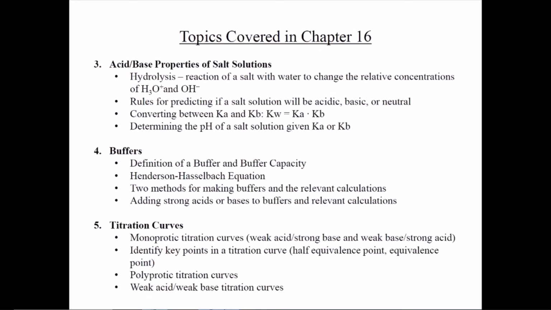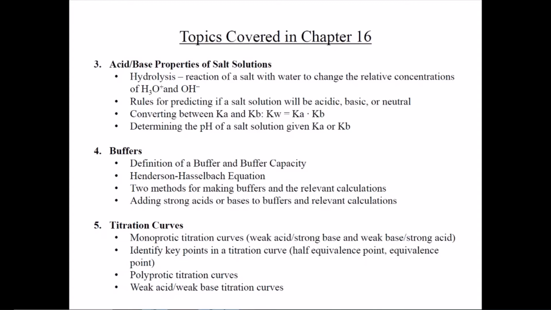Then we go into the second part of the chapter where things get a little bit more complex. So we look at what happens when we have salt solutions that have acid-base properties. In essence, we figure out whether a salt will be acidic, basic, or neutral. And there are some rules and a procedure for how to do that.